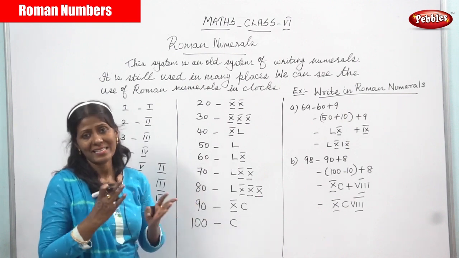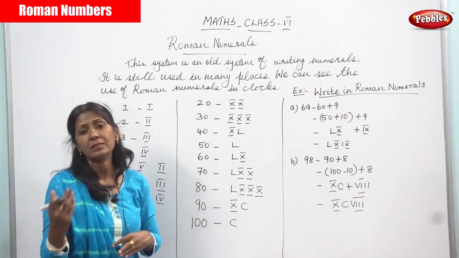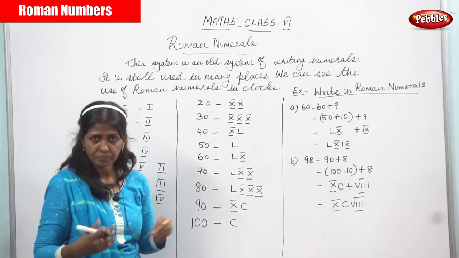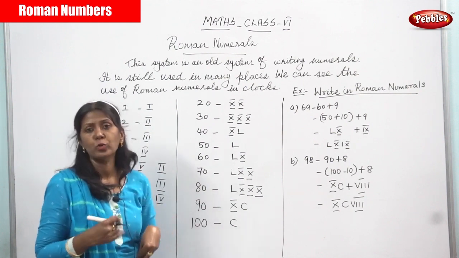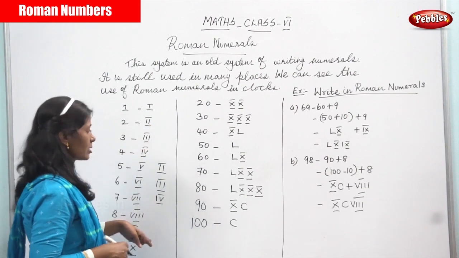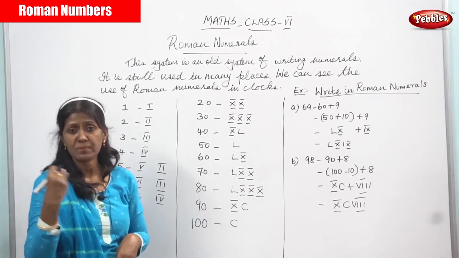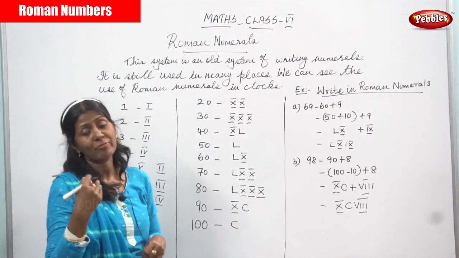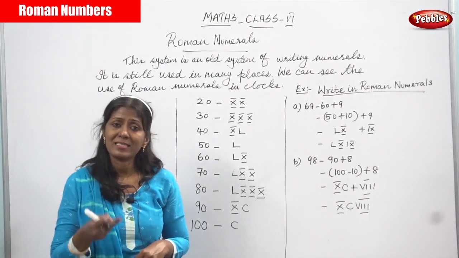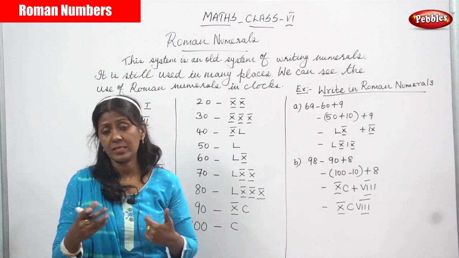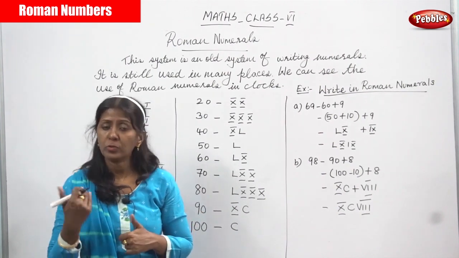That is I and X, V, L, C. These are the letters we use to write this kind of numerals. Okay, these are all numerals only, but in these numerals we are going to use the English alphabets, especially I and V and X, L, C. So these are the letters we are going to use.